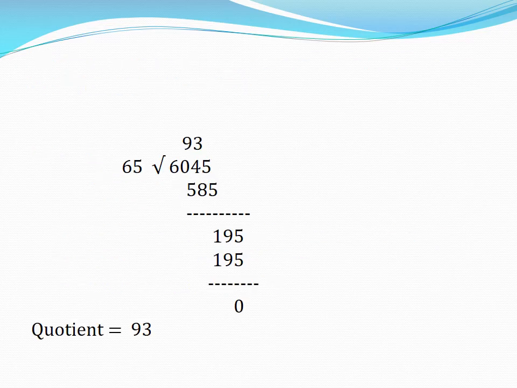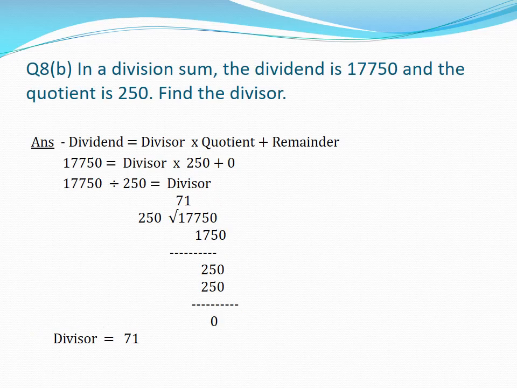Do the division. 65 nines are 585. Do the subtraction. 195 will come. 65 threes are 195. Quotient is 93. By division you can find out the quotient, because division is the reciprocal of multiplication.